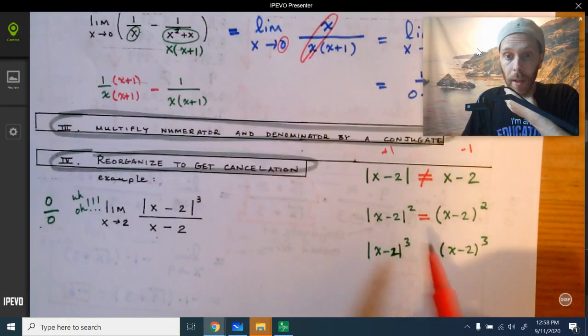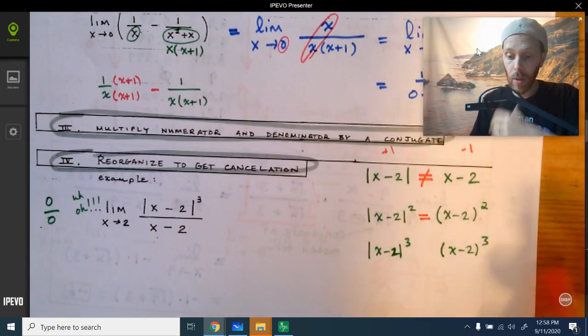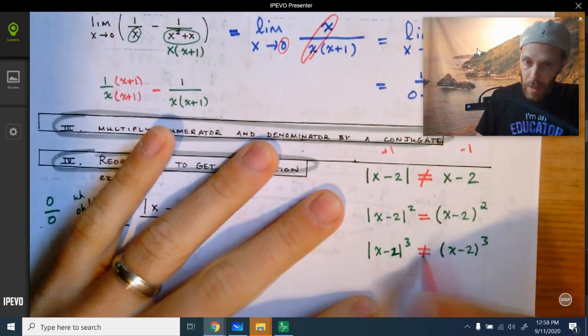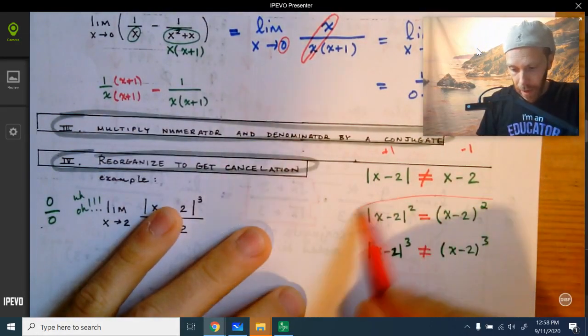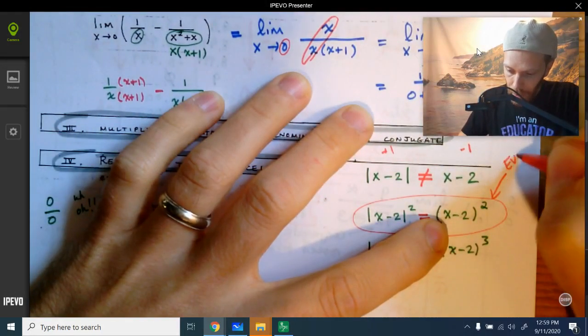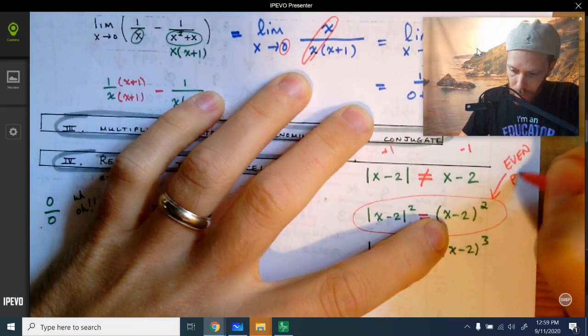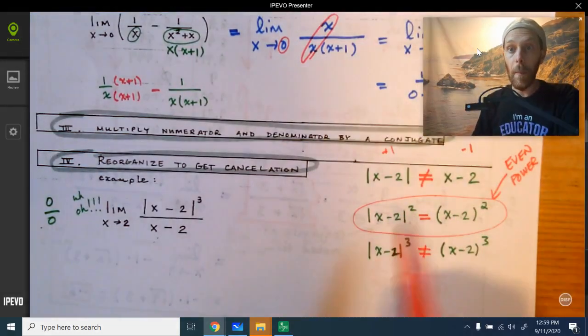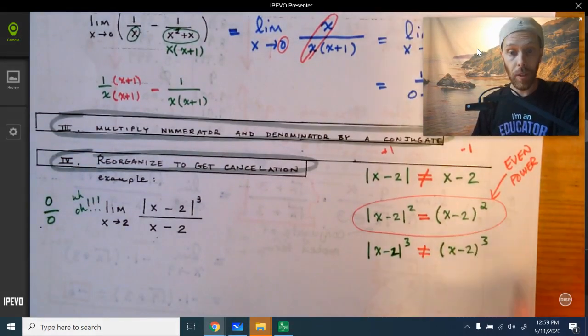You pick 1, you'll get a different value over here than you will over here. So this little trick right here works anytime you're going to have an even power, because it's even powers that make a term positive.